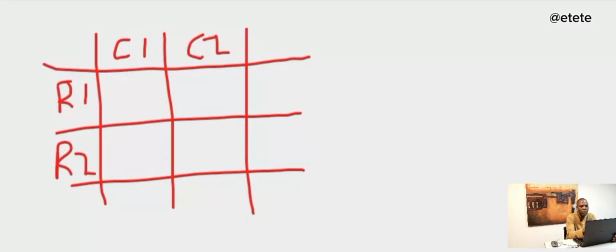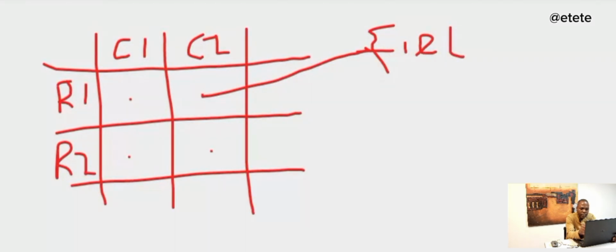This is row 2. Now, where this column and the row meet is this, right? Now, this place where they meet is where you have the data. Now, this place is called the field. This is called the field, where they meet.